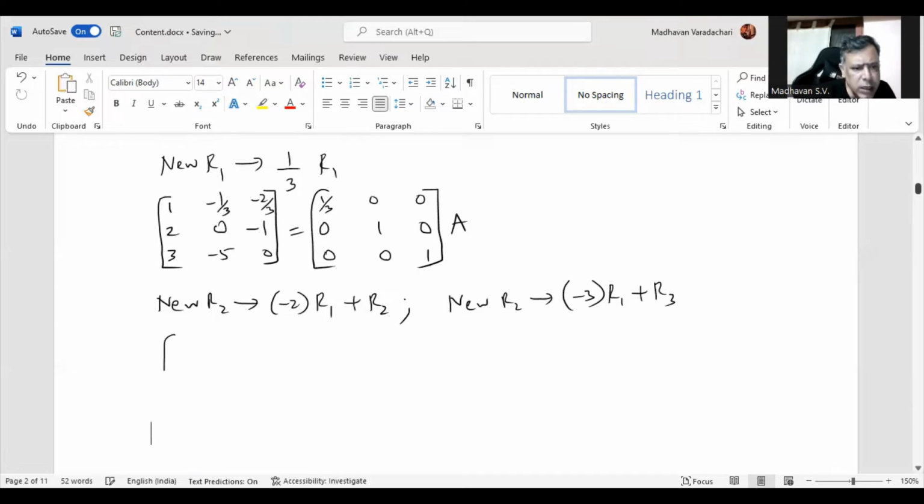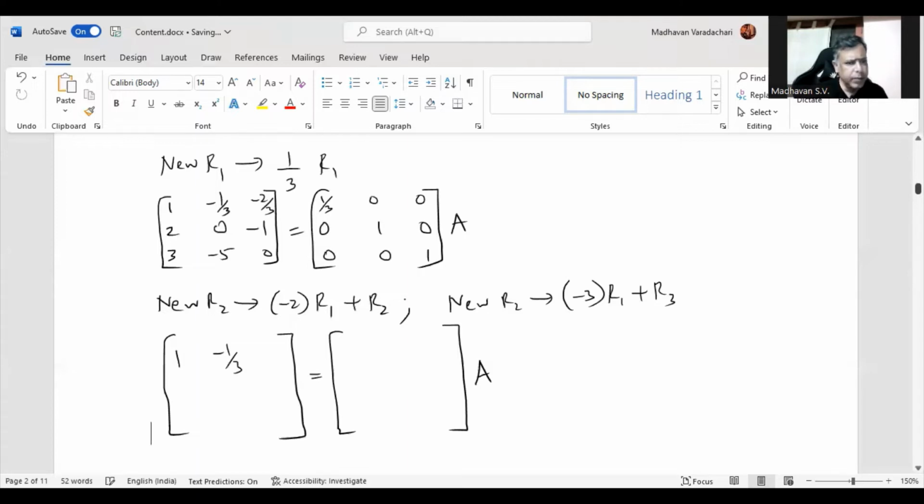Based on that, if we apply this operation to these two matrices, left hand side and right hand side, the first row will not change. The first row will be 1, minus 1 by 3, minus 2 by 3. Here it is 1 by 3, 0 and 0. Then in the second row, the first element will become 0.